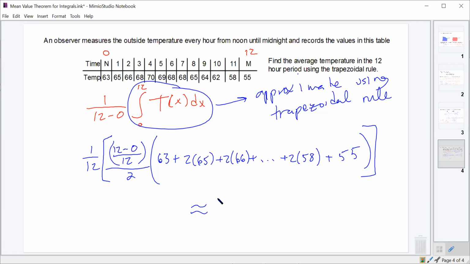Anybody agree with that? That seems a little low to me. I got 65.16 repeating. I don't know if that's right though. I got the same thing. 65.16 repeating. Yeah, a couple different. All right, I'm going to go with that one because I got at least 3 different people that got that.